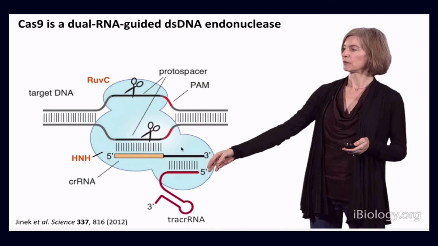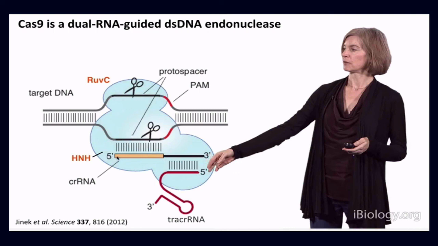But there are also these two other molecules and this one other feature that I want to talk about. One of those molecules, this guy here that looks like a toothbrush, is the CRISPR RNA. The CRISPR RNA has a sequence on the 5' end that is complementary to our target DNA.